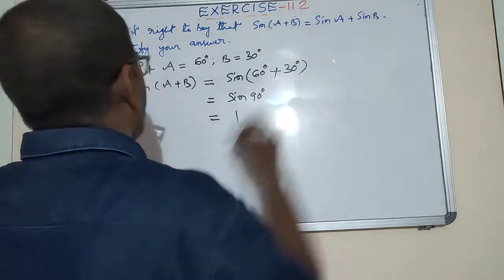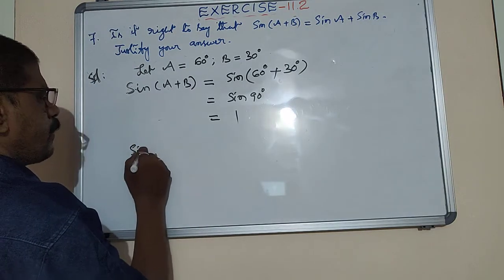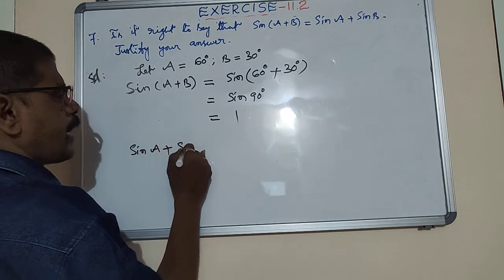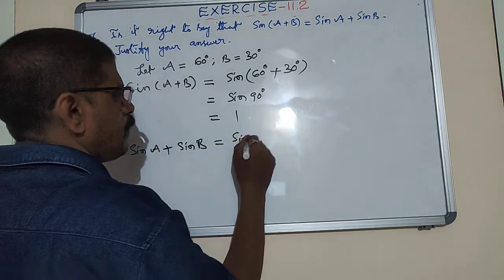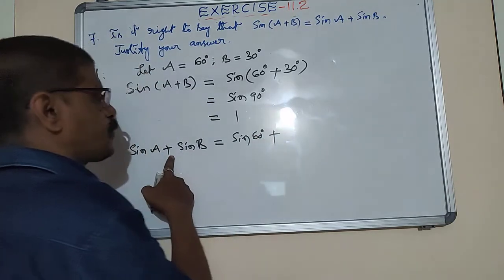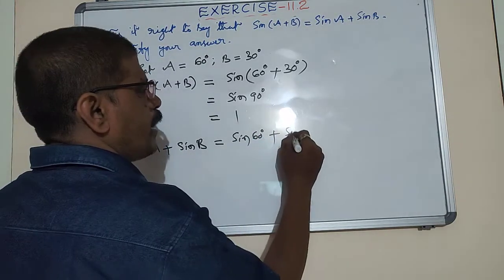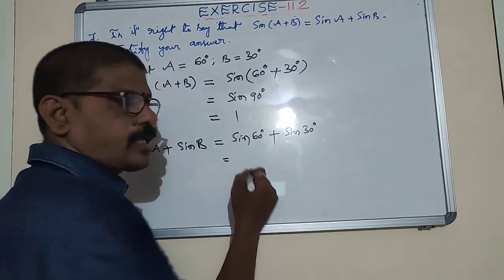1. Now we take the next one, sin A plus sin B. That is equal to sin 60 degrees plus sin 30 degrees. The value of sin 60 is how much?